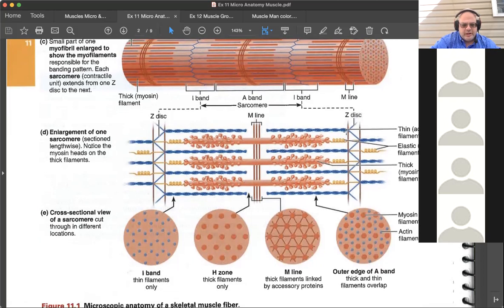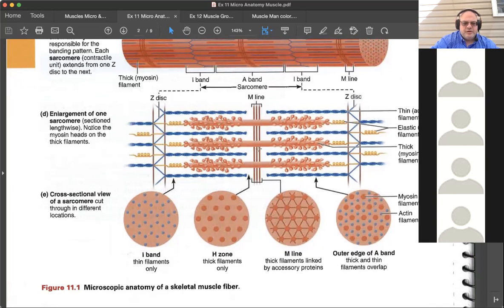So just to help you visualize more, underneath it you have a cross-sectional view of what you're looking at. The actin is blue, myosin is red, and the M line is a network centering all those red myosin fibers. Then you've got the area of overlap where for every red myosin filament, you have 6 actin filaments surrounding it.